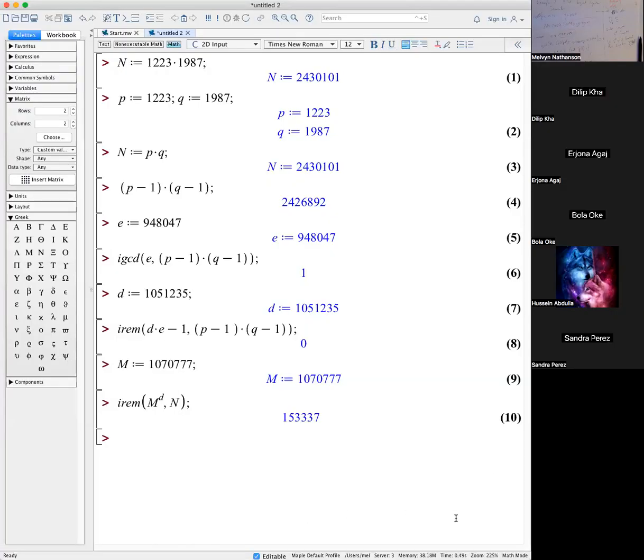So this is M to the D, where D to the D in the notation of the text is mod M. That's my S. So I want to calculate what is S to the power E mod N. So I want the integer remainder of S to the power E modulo N. And if this is equal to the message, I know that it's really Samantha's signature.